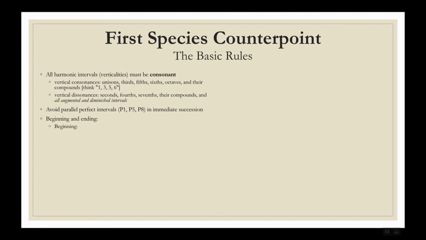At the beginning and the ending of your exercise, the Cantus Firmus is always going to begin on scale degree 1. So if your Cantus Firmus is below and you're writing a counterpoint above, you're always going to begin the counterpoint on either scale degree 1 or scale degree 5. So I'm going to put us back in C. If my Cantus Firmus is down here on 1, then at the beginning I'm going to make it either on 5 or on 1 in the upper voice, because I want to establish tonic.